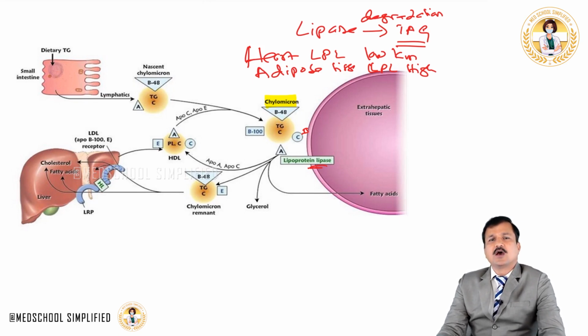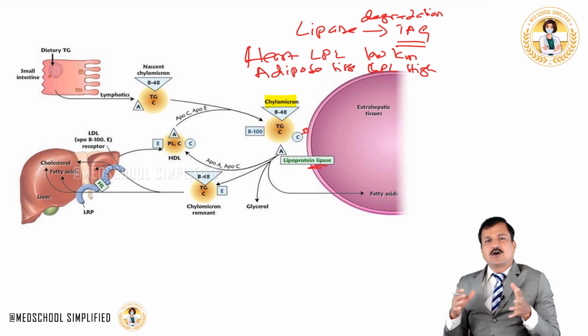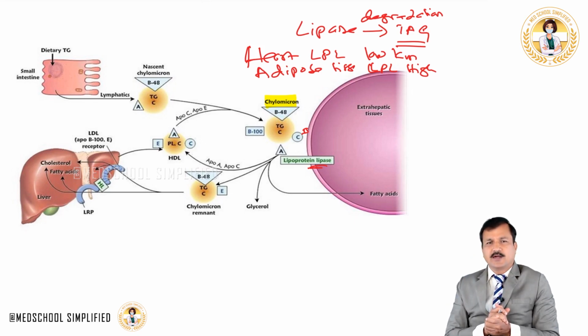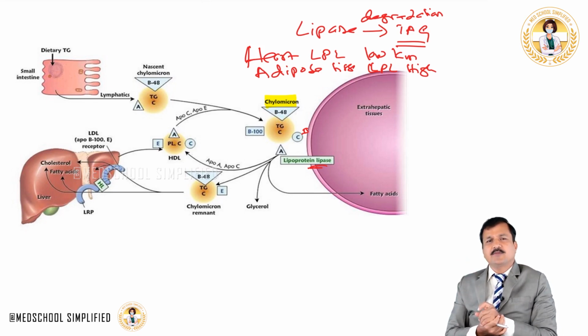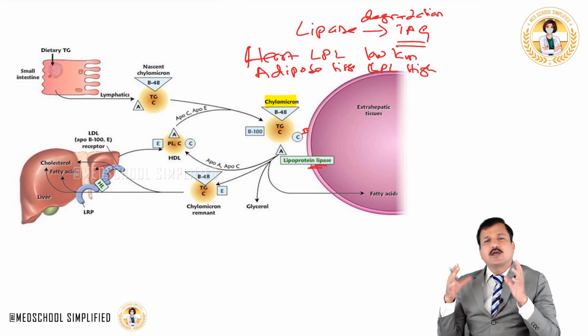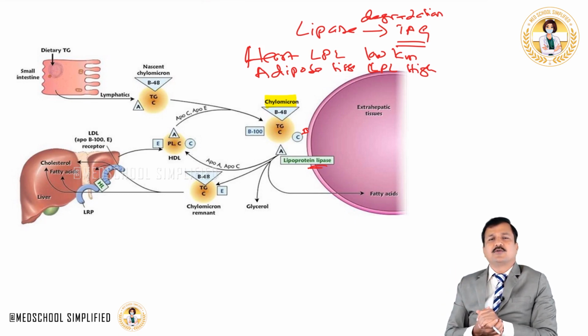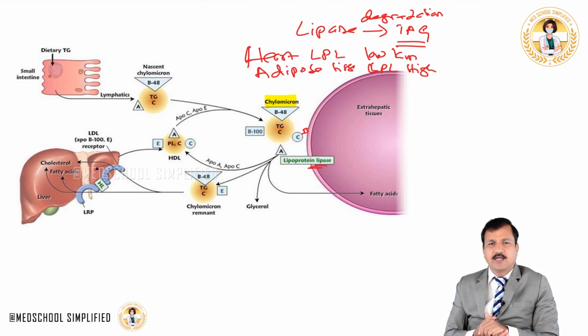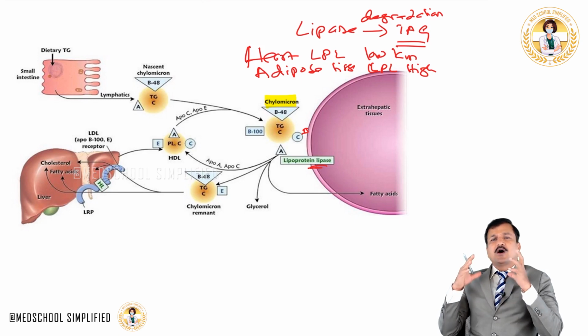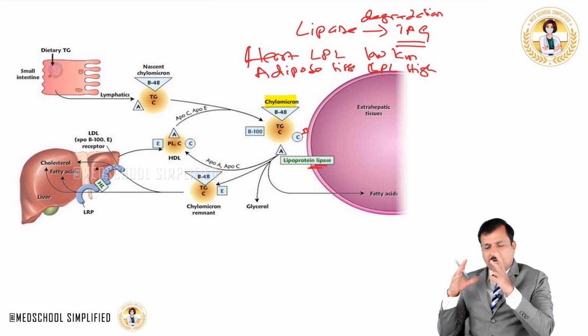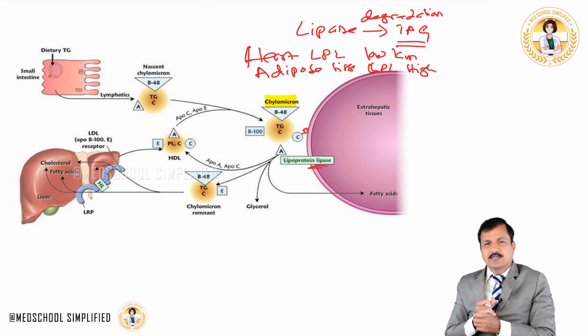Why? Because the major source of energy for the heart is fatty acid, which will come from degradation of triacylglycerol. Heart is entirely dependent, predominantly I would say, for energy coming from fatty acid oxidation, and that comes from degradation of triacylglycerol. That's why preferentially heart will use chylomicron and VLDL triacylglycerol at all conditions.